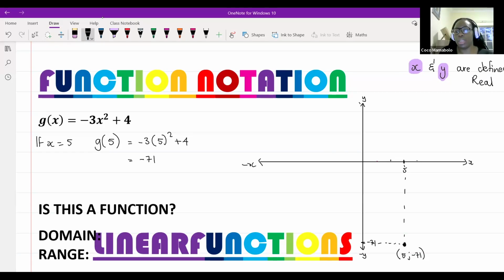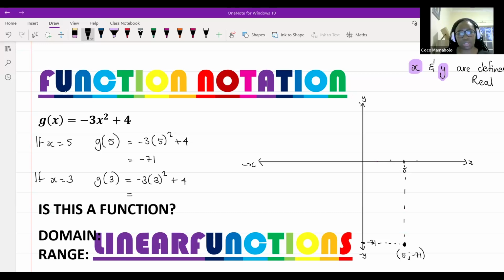Okay. So let's say we choose the value x is equal to 3. If x is equal to 3, then I know my function g at the point 3 will give me a specific output. So I'm going to go -3, open brackets, 3 squared, all squared, plus 4. If I do that, we're going to get -27 plus 4.